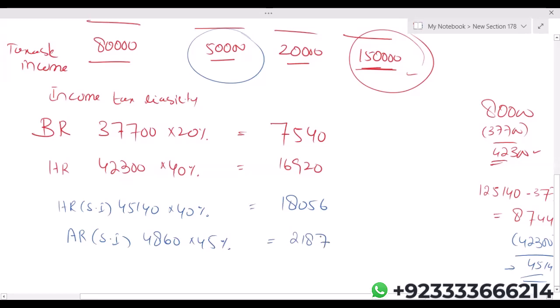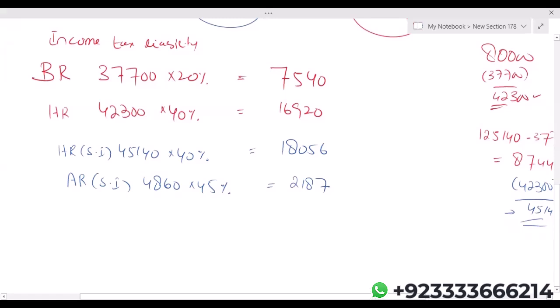Now we'll move towards dividend income. In case of dividend income, every individual, irrespective of tax paying status, gets the nil rate band of 1,000.